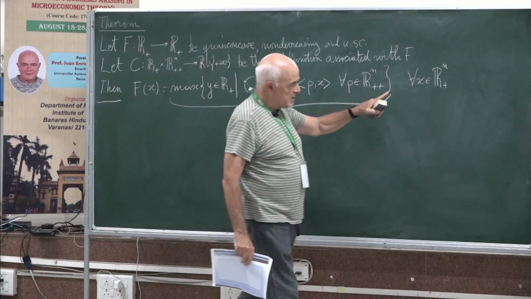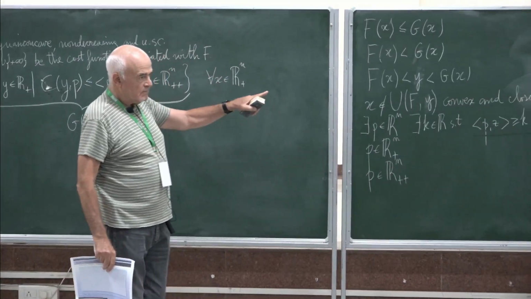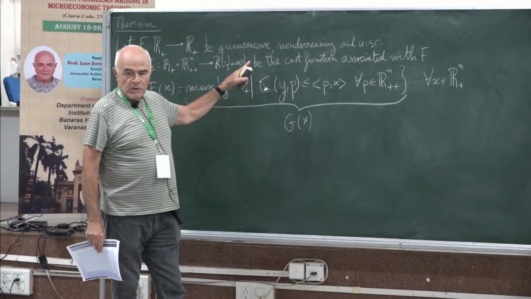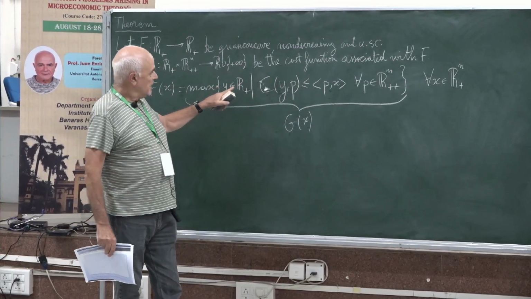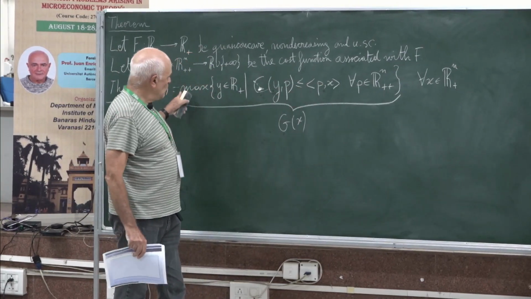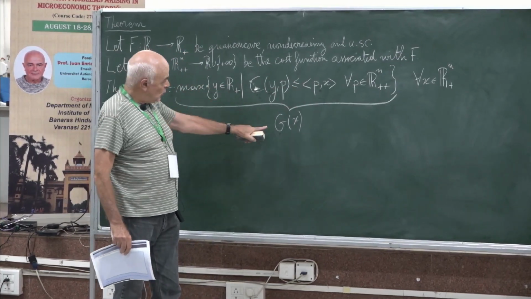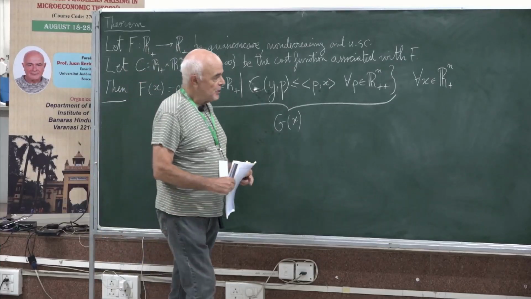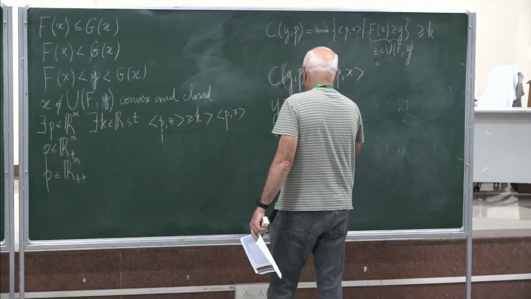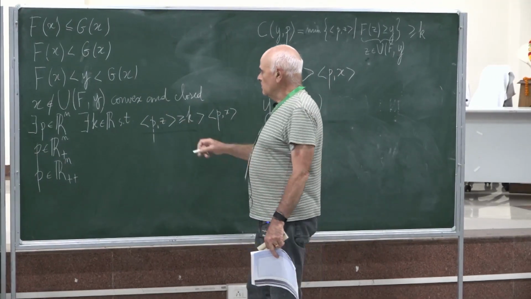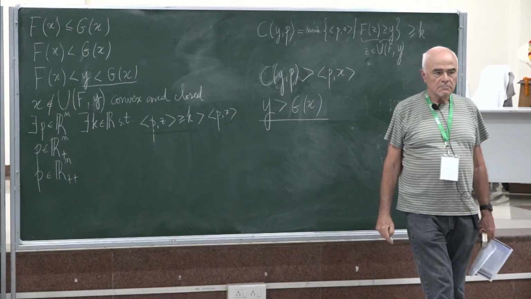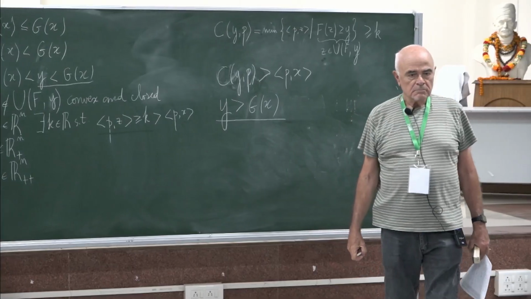So my argument is that this y does not belong to this set, so it is strictly larger than the maximum of the y's in this interval. And the maximum, we didn't call it f of x, we called it g of x. So the conclusion is that y is greater than g of x, which is a contradiction. Okay?